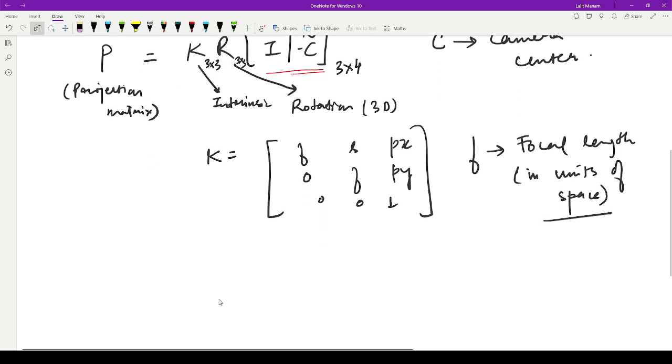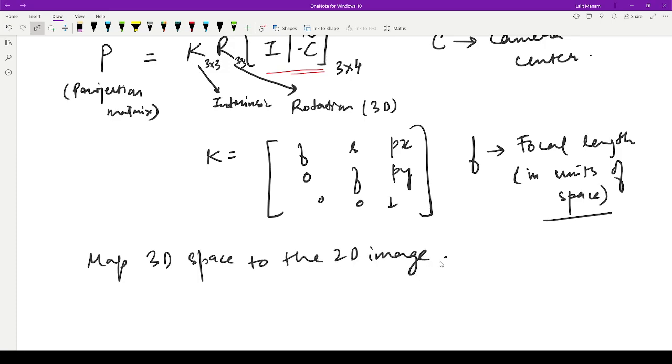But what we generally want is to map 3D space to the 2D image, right? And in an image, how do you measure any location? Location is measured in what?